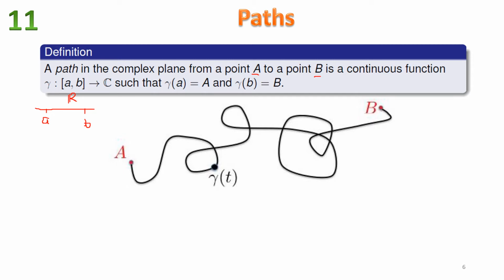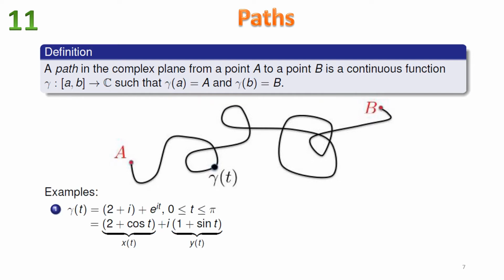That is mapping to a complex number such that gamma of A, if you perform function gamma on this A, will yield point A. Similarly, we are performing gamma of B, and this B will be mapped to a new point that we are going to call capital B.